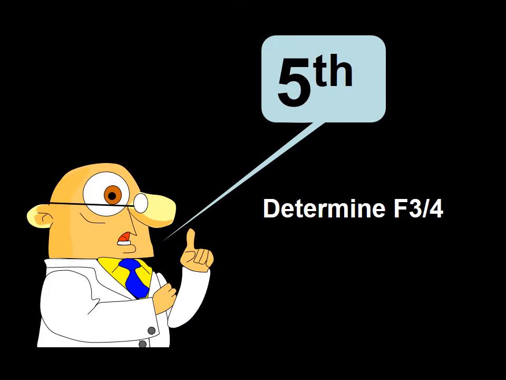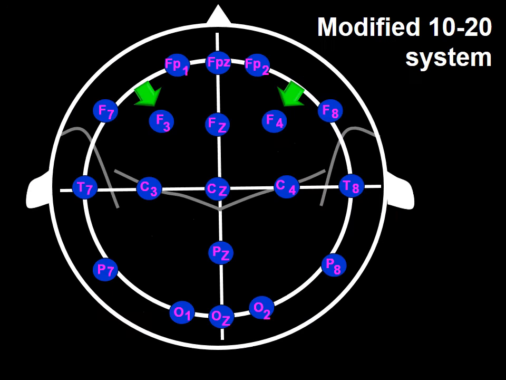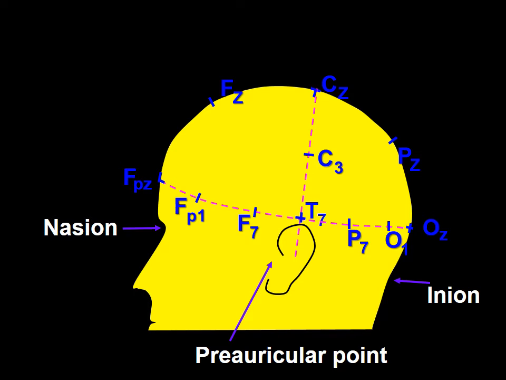The next step is to determine the site for F3 and F4, pointed by the green arrows at their intended location in this diagram. We do this on the left side first by drawing a line between F7 and FC and halving it. It is at this site that we place the electrode for F3. Then we do the same on the right side.